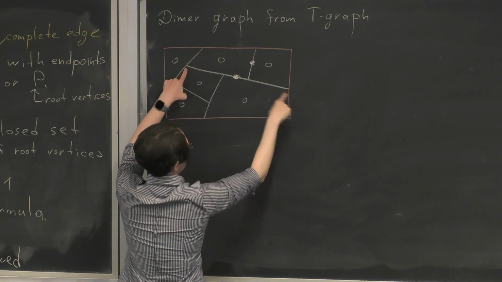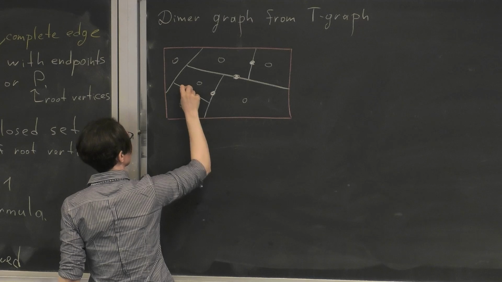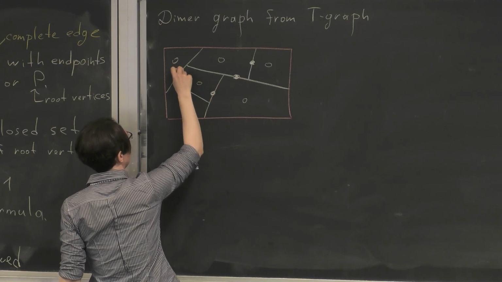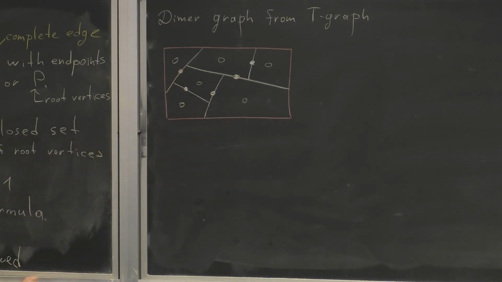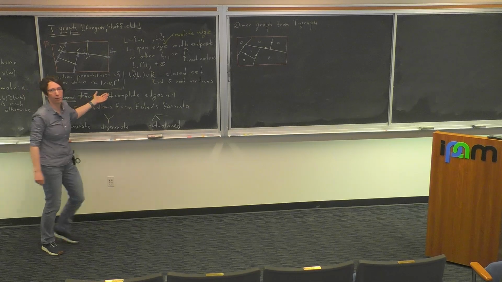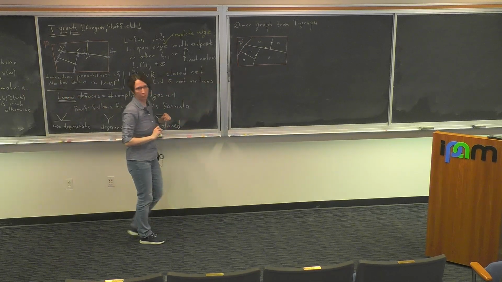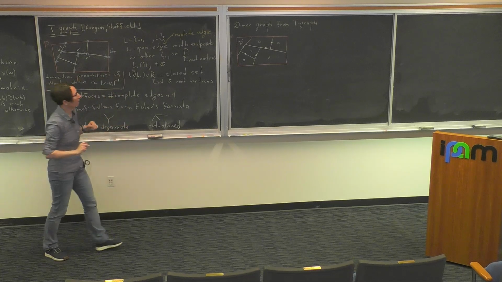So the whole complete edge is just one black vertex. However, remember we want our bipartite graph to be balanced, so we need to get rid of one of the white vertices. We can just choose one on the boundary and say that this is not a part of our bipartite graph.